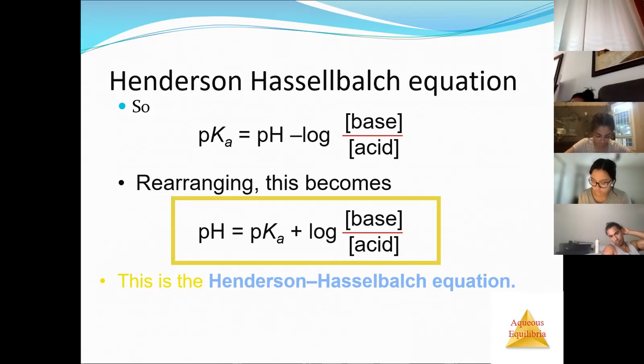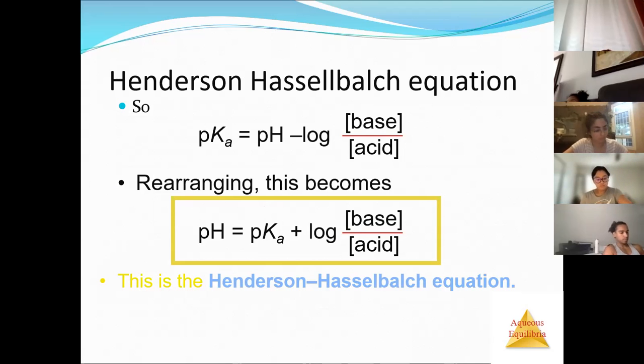They will take a buffer, a conjugate base and a weak acid, and make sure that the concentrations are equal. They will put it into a pH meter and read the pH. The pH is equal to the pKa at that time.